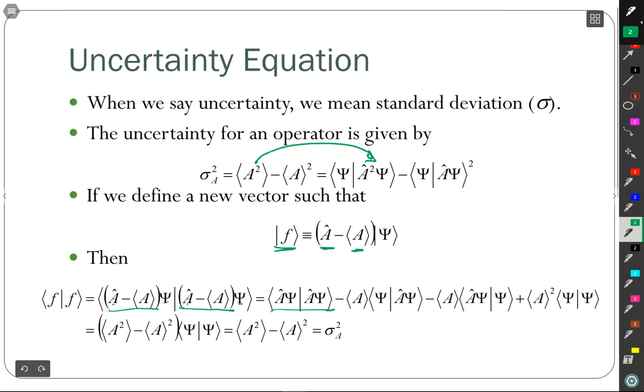let's see. Well, I think the second one that was done was the minus A expectation value and then A operator. So minus A expectation value, that's just a number, so it's brought outside. And then the psi, A operator psi.